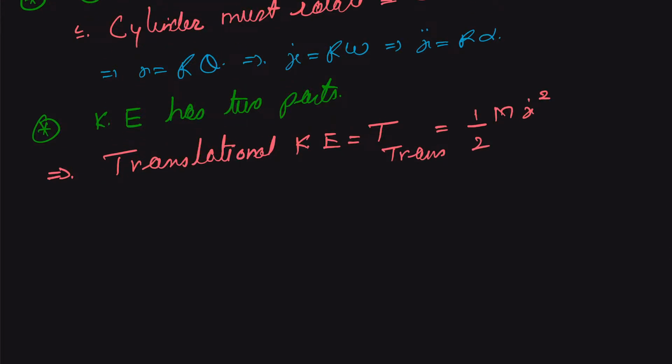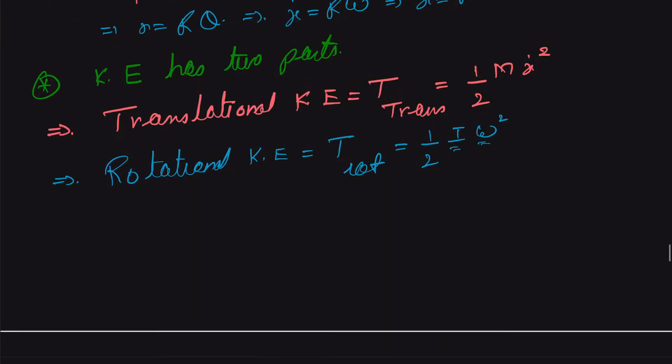Similarly, the rotational kinetic energy will be equal to half I omega square, and we can substitute the values of the moment of inertia and omega.